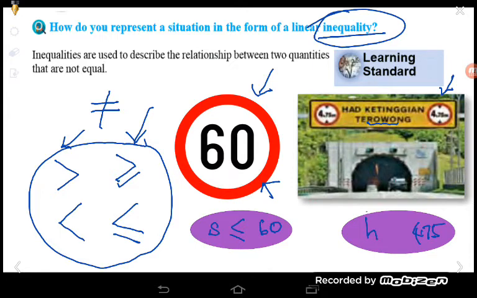Your lorries, your big vehicles, the height cannot be more than 4.75, so it becomes less than or equal. Okay, so that refreshes you about inequalities. And if you see here, there is no unit. You don't have to write the unit if you write an inequality.